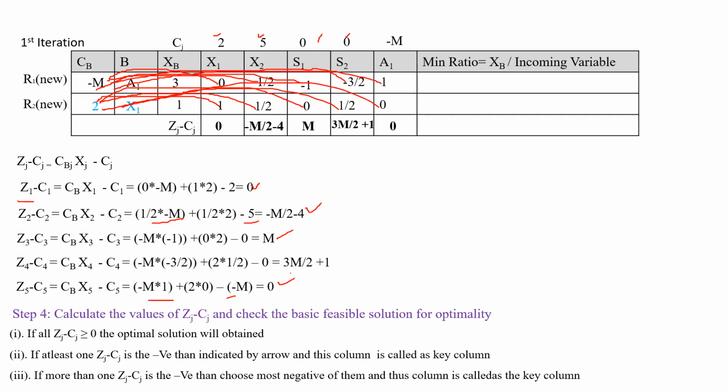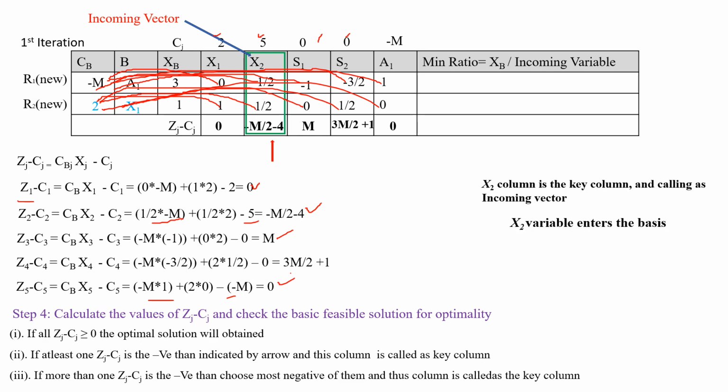So here observe the Zj minus Cj values are 0, minus M by 2 minus 4, M, 3M by 2 plus 1 and 0. Here we are getting only one negative Zj minus Cj value, for the x2 column. So the x2 column is the key column, called the incoming vector, and the x2 variable enters the basis.